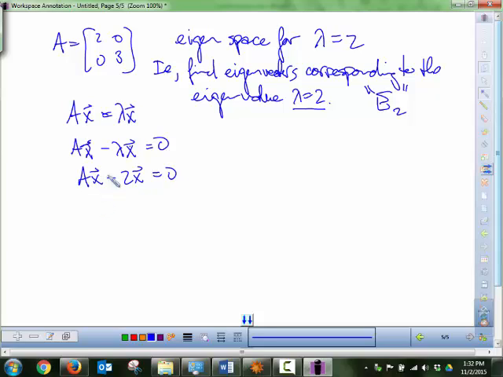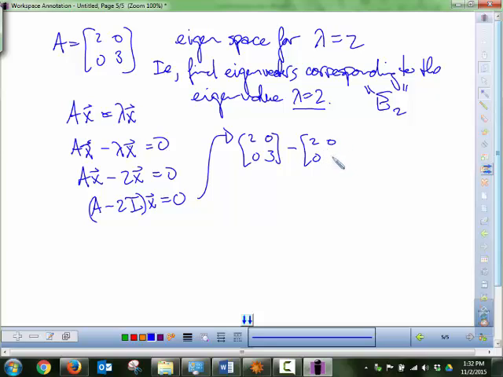And I'm doing this tediously, but again, we'll skip steps in our next example. So A minus 2I times x equals 0. So let's see what that equation looks like. So we got 2, 0, 0, 3 minus 2, 0, 0, 2.